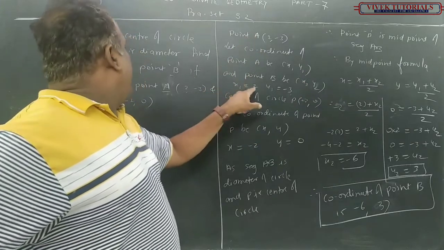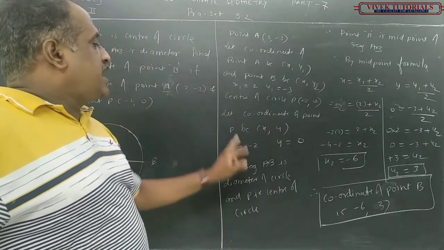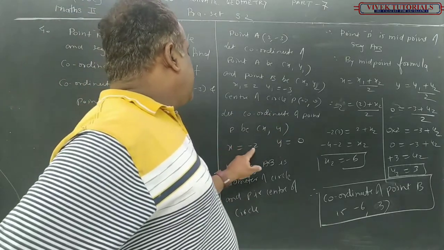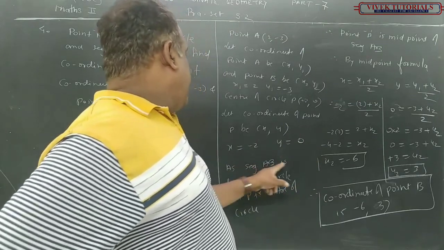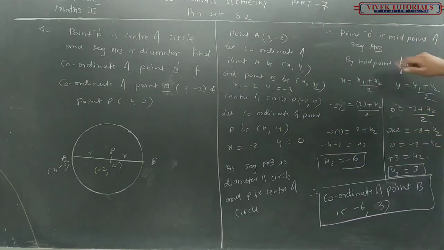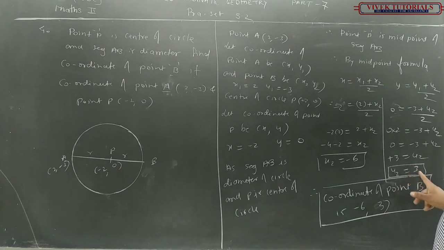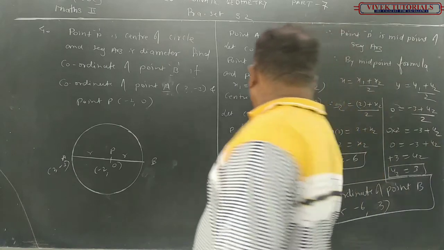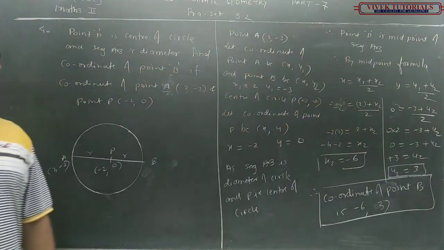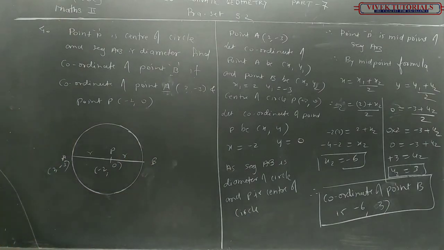For the center we take (-2, 0), so x is -2 and y is 0. Segment AB is a diameter of the circle, therefore P, the center, is the midpoint of segment AB. So we apply the midpoint formula and we got x2 as -6 and y2 as 3. So the coordinates of point B are (-6, 3). I think you have understood it properly. Please pause the video and copy it down.